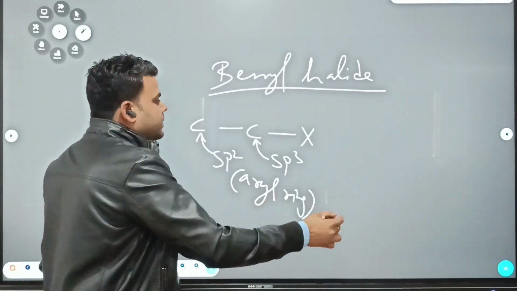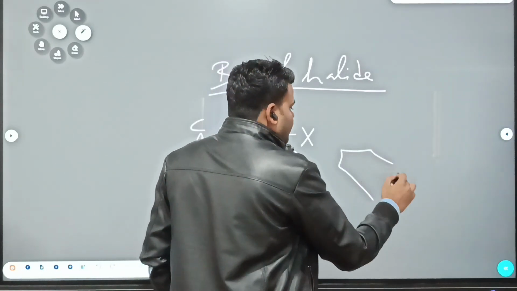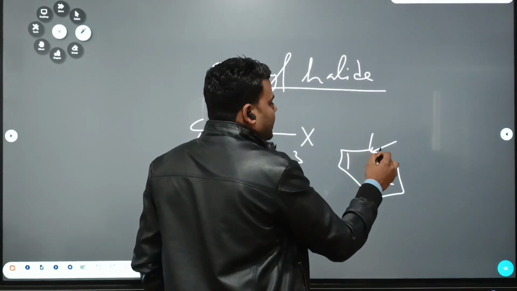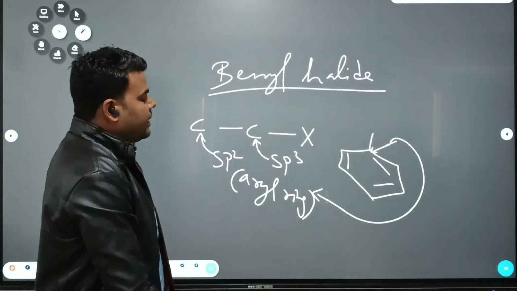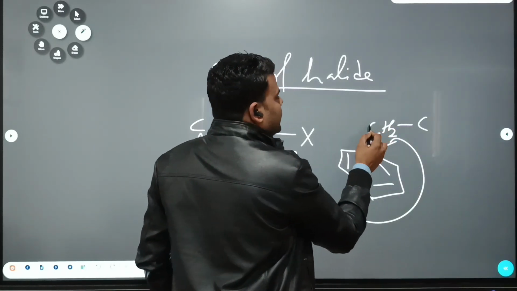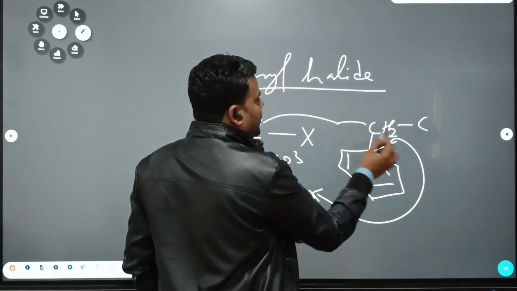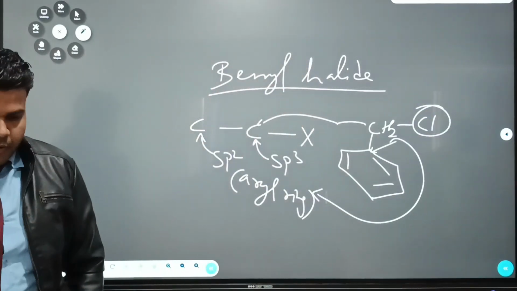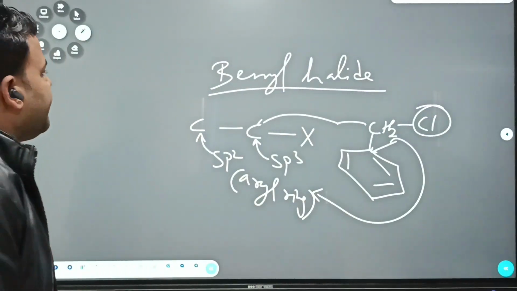That means this one is the sp2 hybridized carbon which is a part of the aryl ring, and we have this carbon which is sp3 hybridized with a halogen attached. Such a compound will be called benzyl halide.